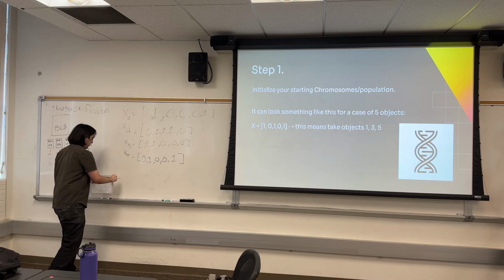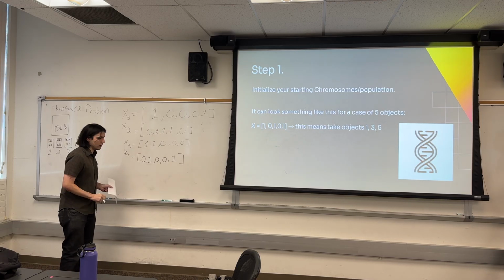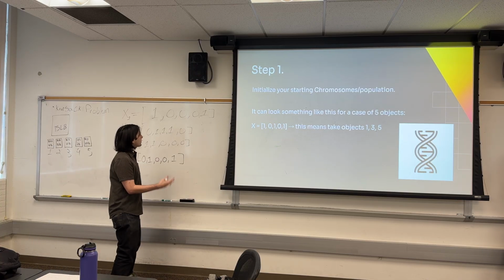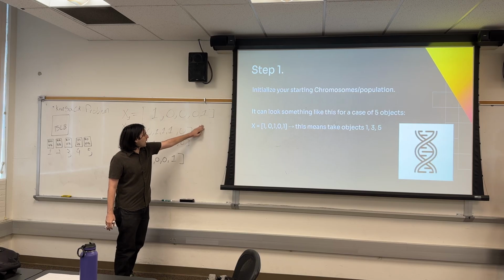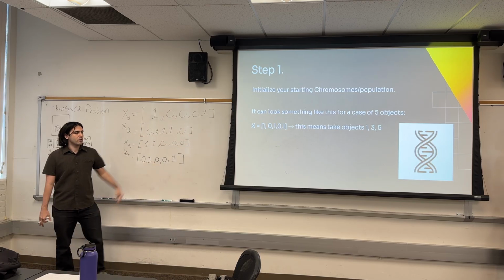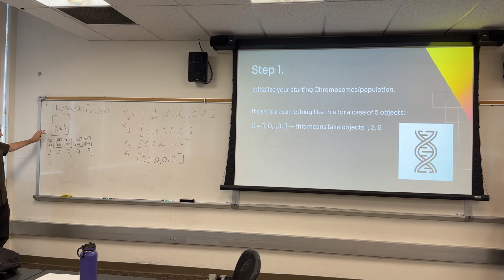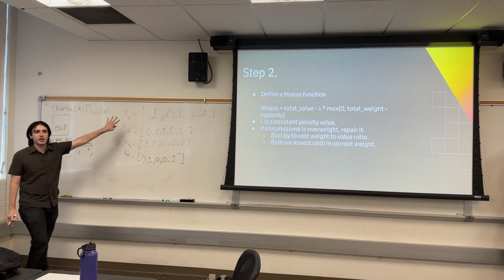Okay, so here's our sample population, our first initial one. Now we need to select the best one. So how are we going to do that? We're going to do a tournament because I think it's the best for this example. We're going to define a fitness function. So what we're going to do is take the highest value that still fits in the knapsack. That's our fitness.